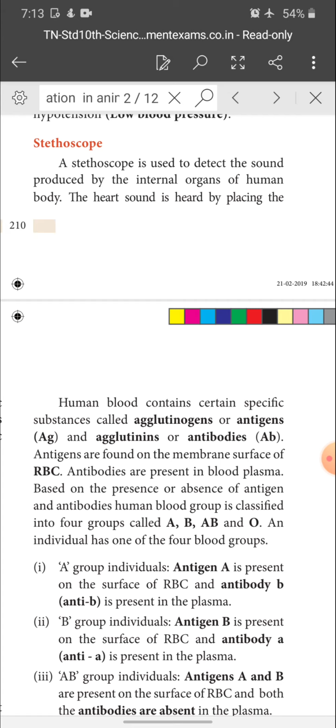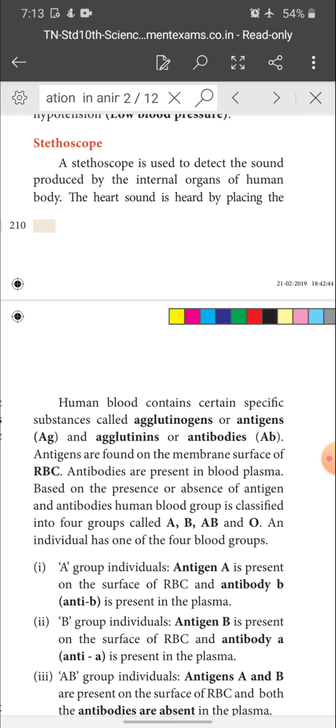So what is its main function? Since lymphocytes are here, it is involved in the defense mechanism of our body. Children, a lymphocyte is a type of white blood cell. Lymphocytes are involved in antibody production and destroying infected cells.